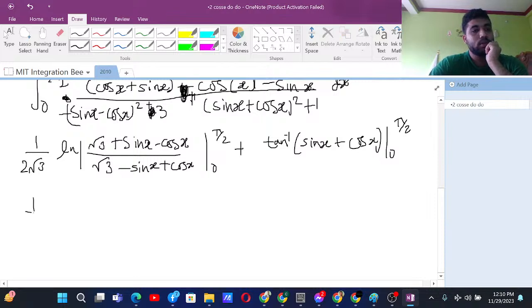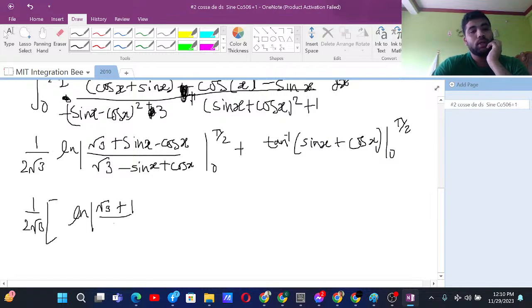So this is 1 by 2 root 3, and this is ln of (root 3 plus 1) by (root 3 minus 1).